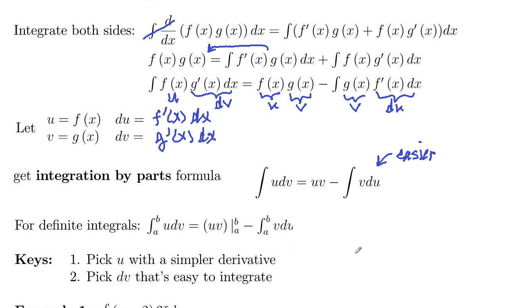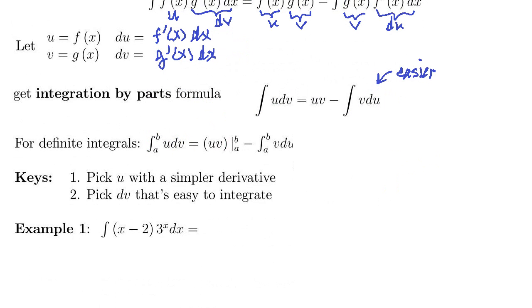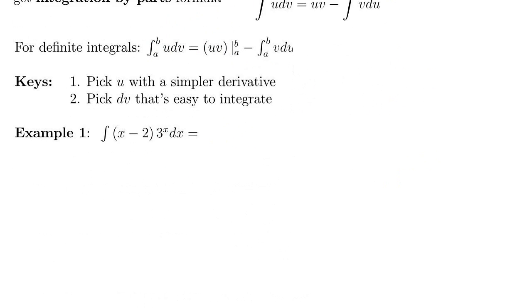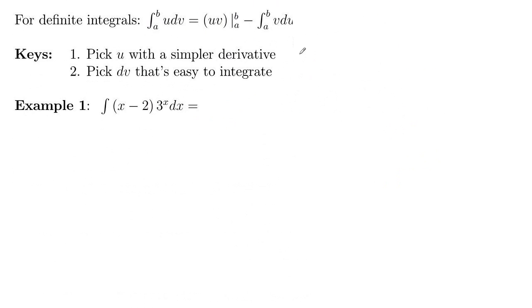That's what we hope anyways. And you can do integration by parts for definite integrals. So for the integral from a to b, you just evaluate your product from a to b and evaluate your second integral from a to b.